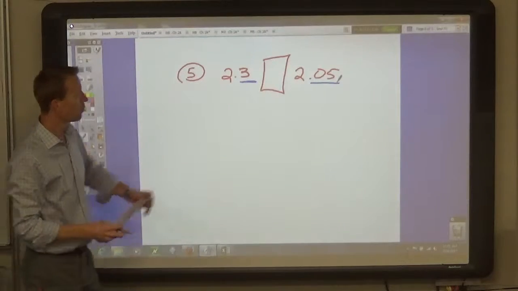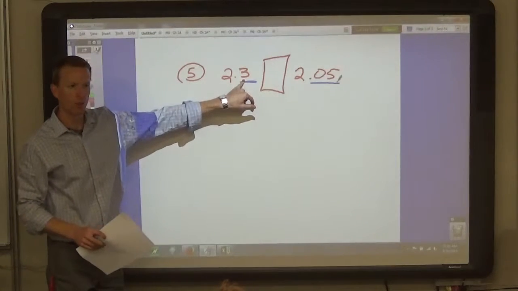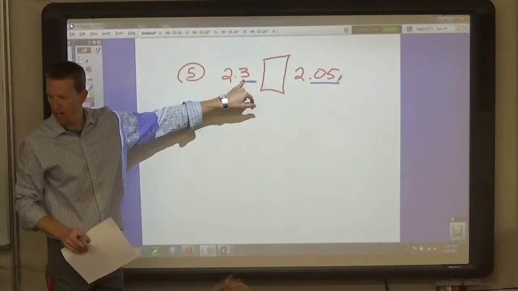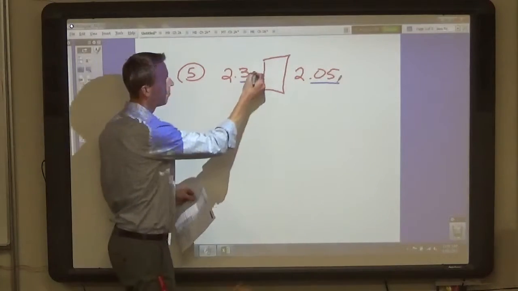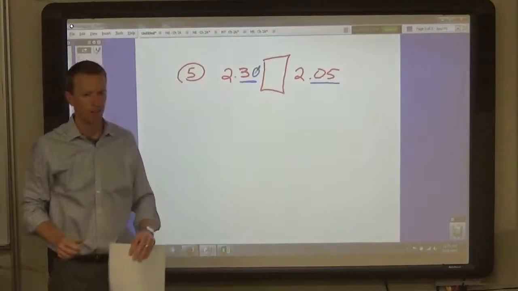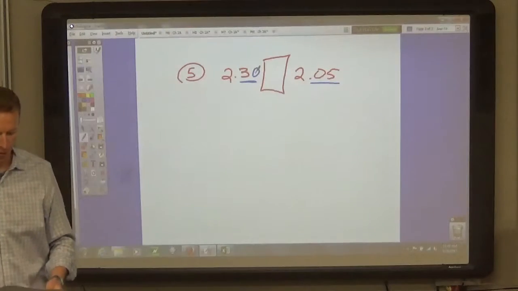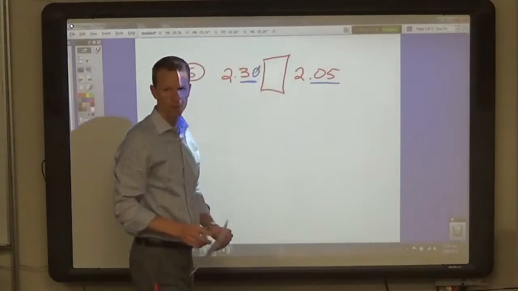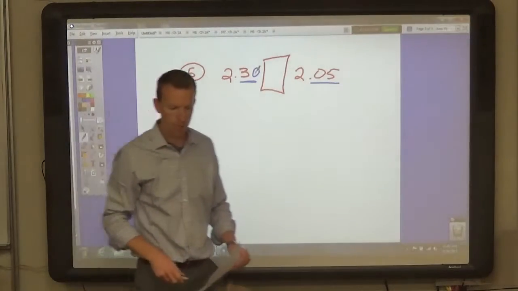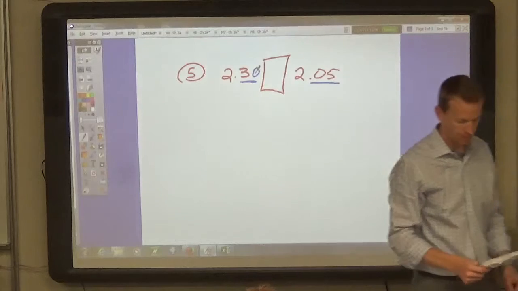So, this one has only one place. What should we add behind it? A zero, yep. So for each one of those, before you write the symbol, make sure they have the same number of places in the number.